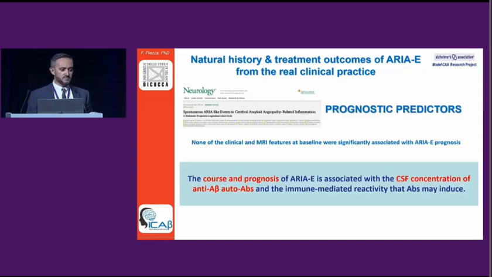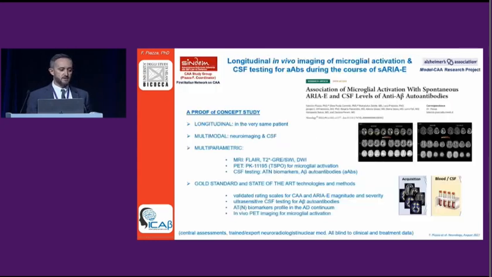What was interesting is that when we looked for prognostic predictors, we didn't find any association between the MRI and clinical features and the prognosis in CRI. So we started thinking that the course and prognosis of ARIA-E is associated with the CSF concentration of anti-A-beta antibody and the immune-mediated reactivity that this antibody may induce.